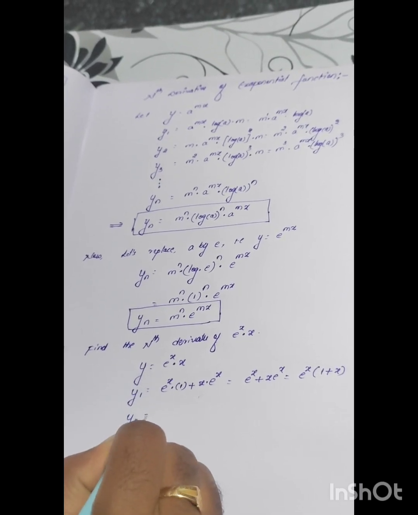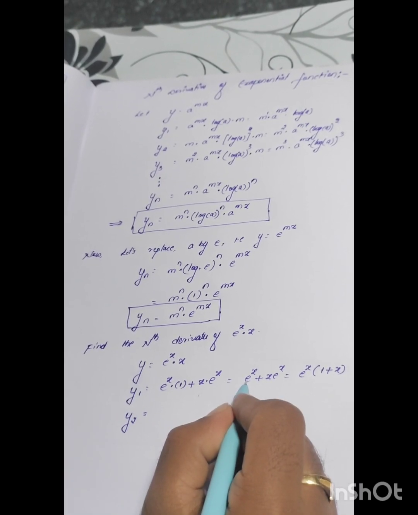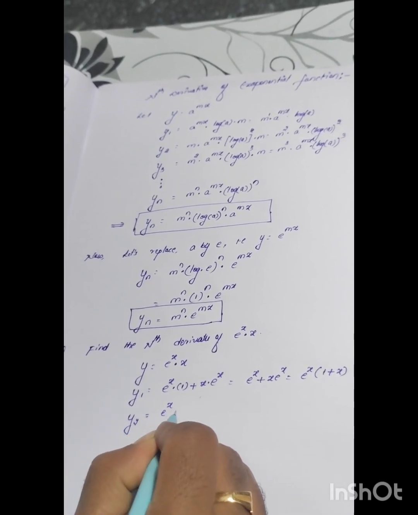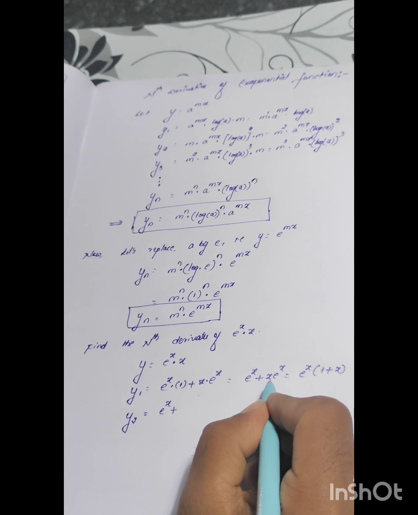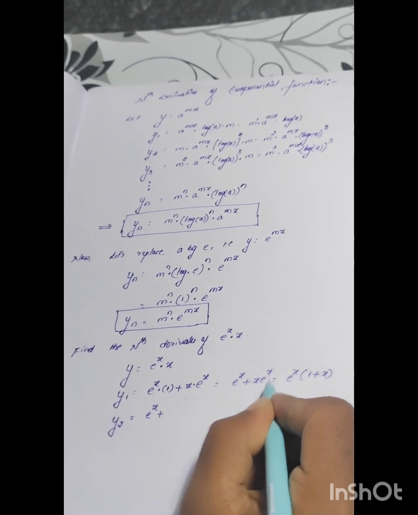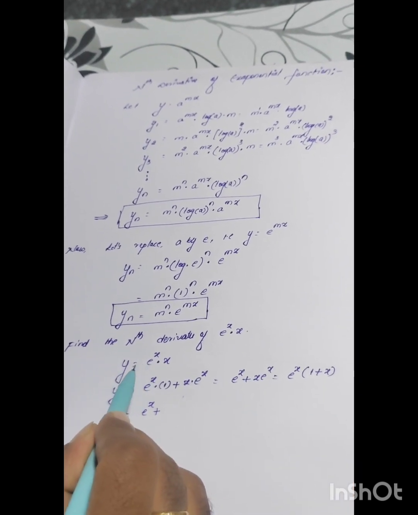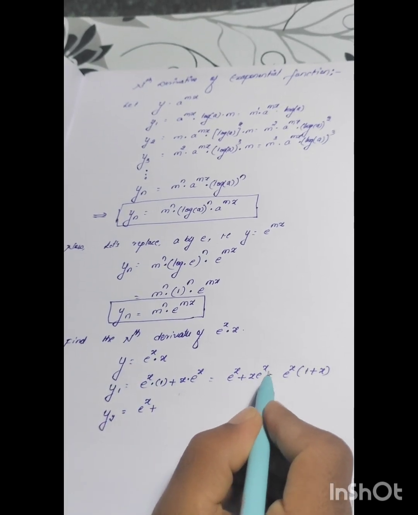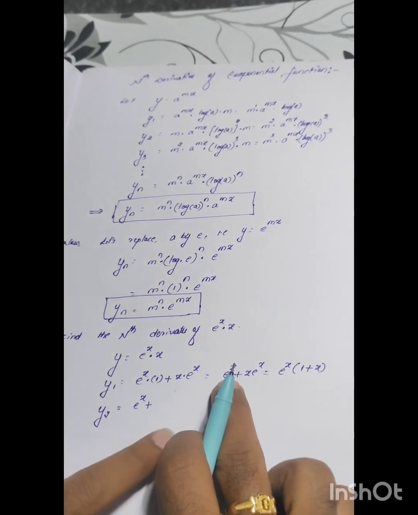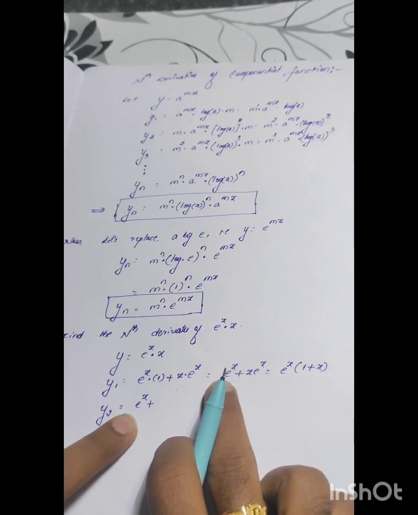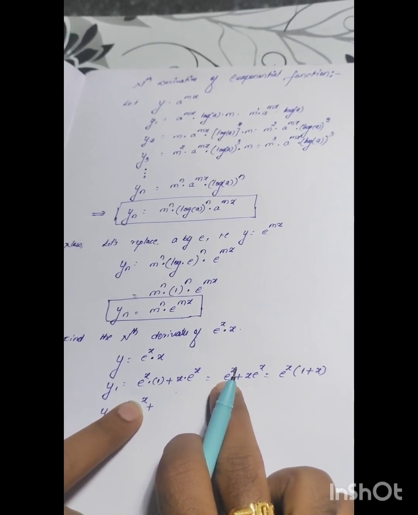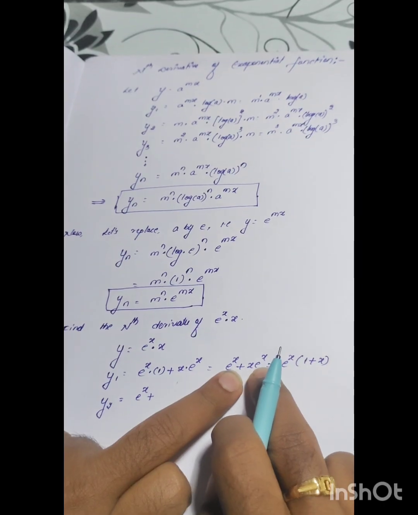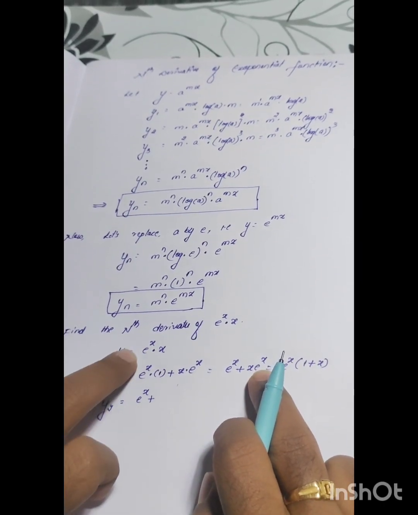So y2 is nothing but, e power x is there, so the derivative of e power x is e power x itself, plus if you see the derivative of x e power x, we already saw that the derivative of x e power x is nothing but e power x plus x e power x, right? So one extra e power x is there that I have written here. So the derivative of e power x is e power x, plus we have to take the derivative of x into e power x, which is y itself, right?